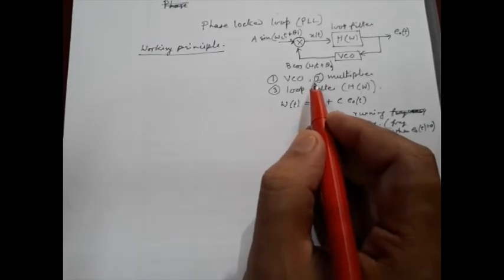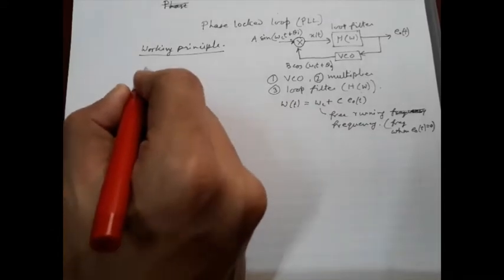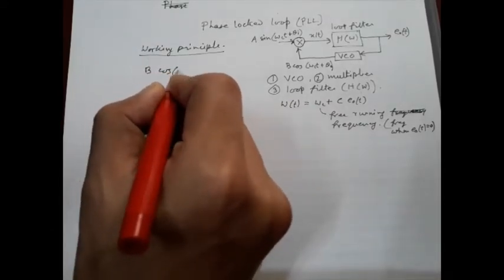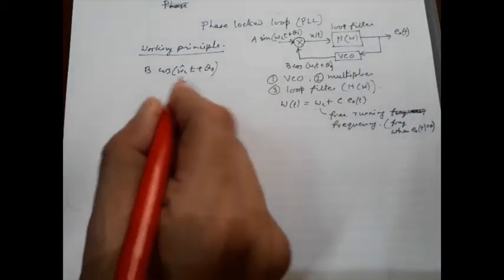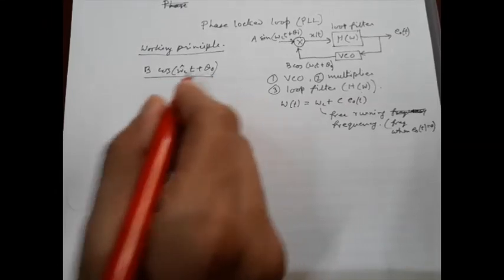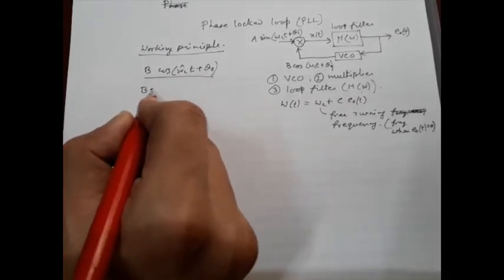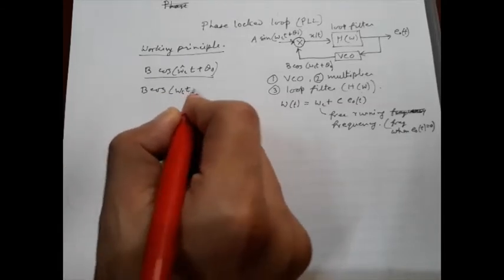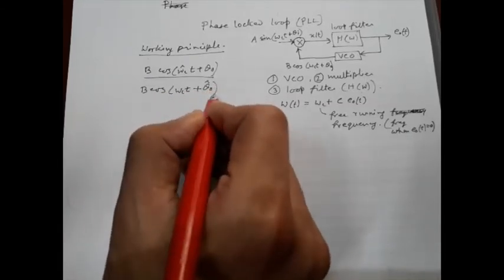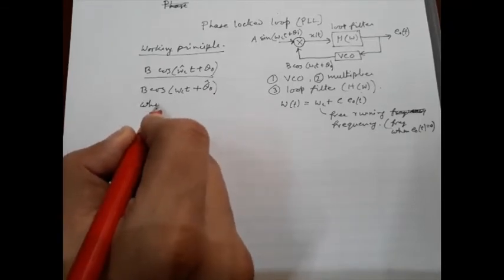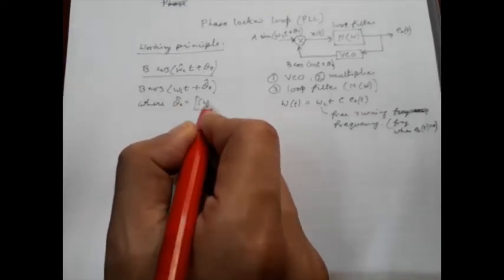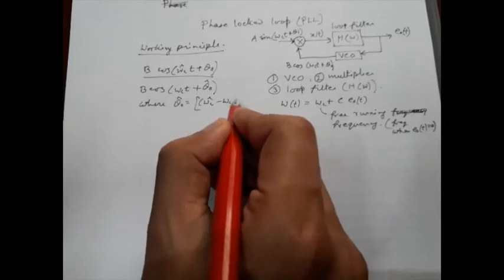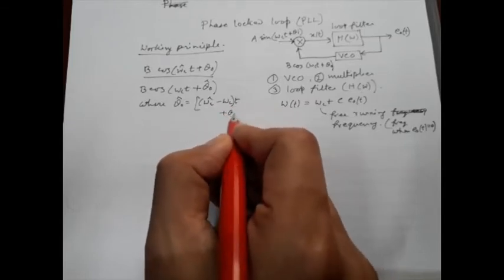If the VCO output is say B cos(omega c cap t plus theta 0), we can express this signal as B cos(omega c t plus theta 0 cap), where theta 0 cap equals (omega c cap minus omega c) t plus theta 0.